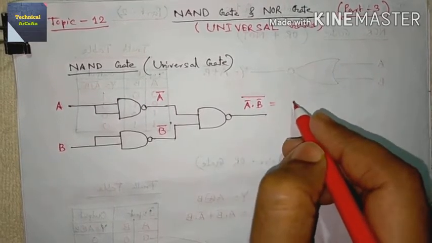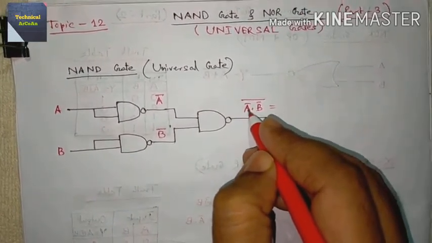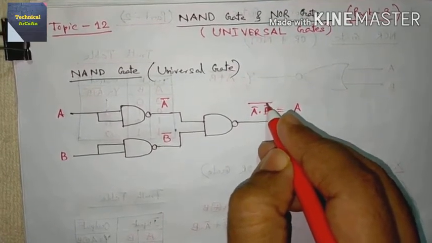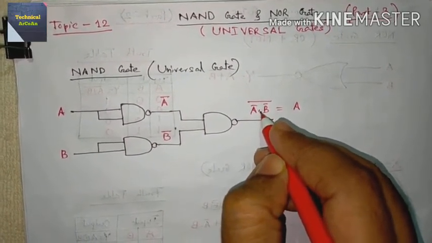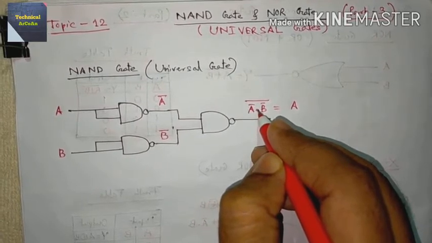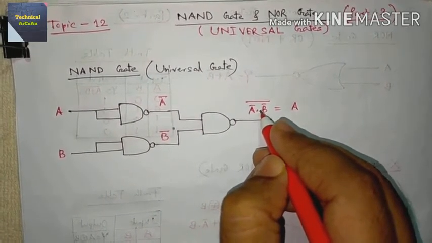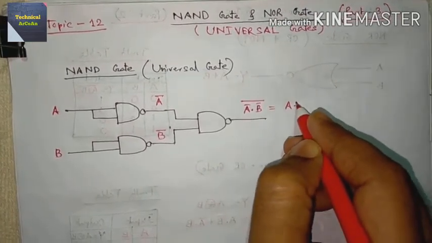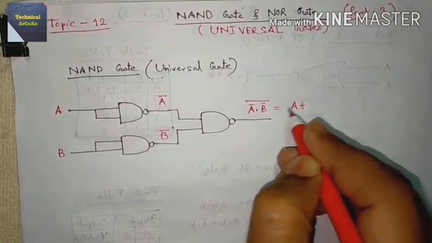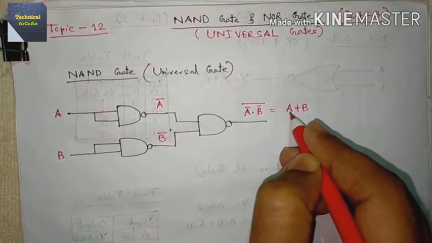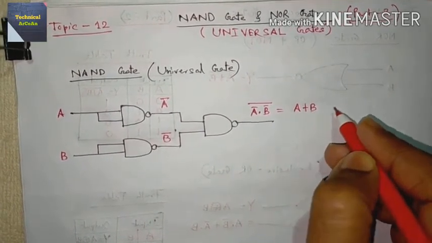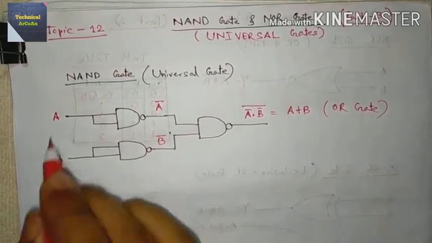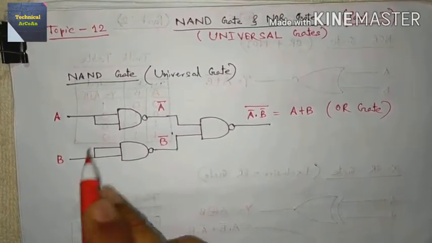If we use De Morgan's law, A double complement means A, and when De Morgan's law is applied on the operation, it reverses it. If it's a dot, it goes plus. If it's plus, it goes dot. So here the dot is there, so complementing means it goes plus. And in a similar way, B double complement means B. So what does that mean? A plus B. A plus B means we get the OR gate output. That means this diagram shows the OR gate.